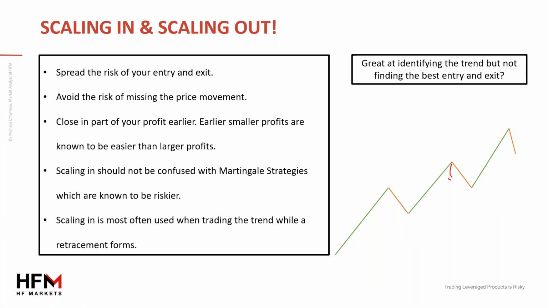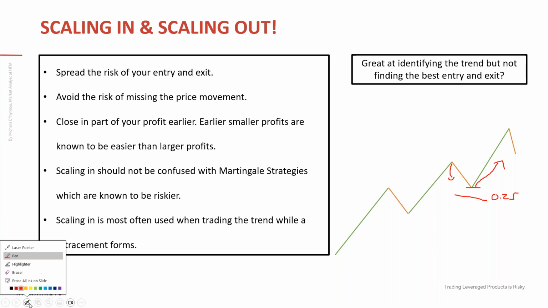I don't want to buy while the price is declining. I want to buy when the price is increasing and not fight the price movement, which is understandable. So some people will measure and say the previous retracement was here at 0.25, so this is where I'm going to enter. Whereas the price actually declined to here, didn't decline any further, and then started to move up. So you missed the price movement.